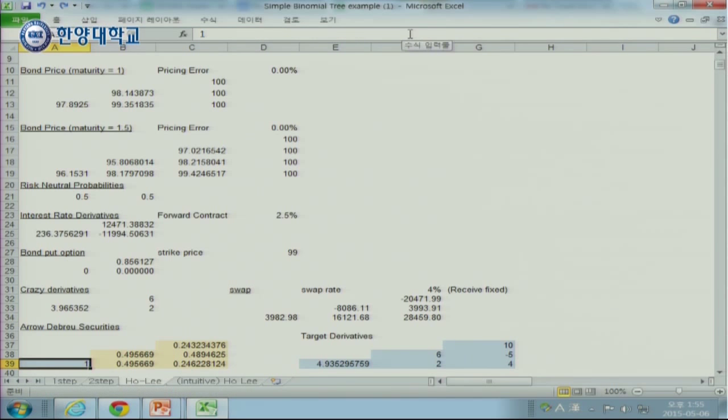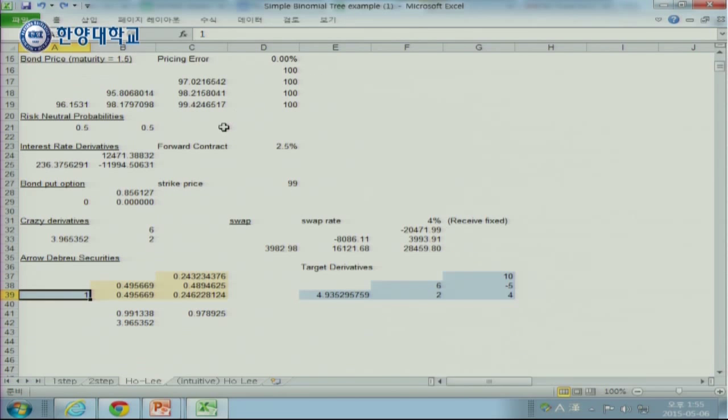So this is Arrow-Debreu securities. Given the Arrow-Debreu securities generated with the Ho-Lee model, using these securities we can calculate a path dependent derivative like this one, right? 10, minus 10, 5, 90, something like this.